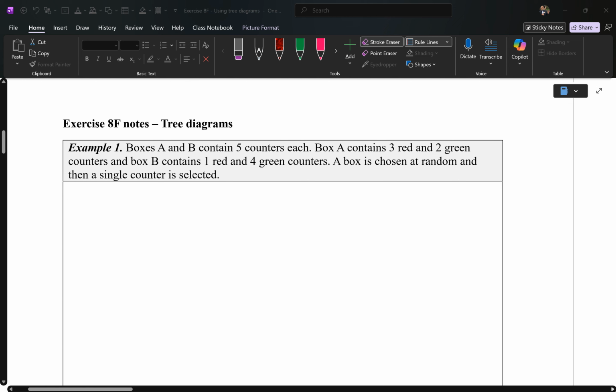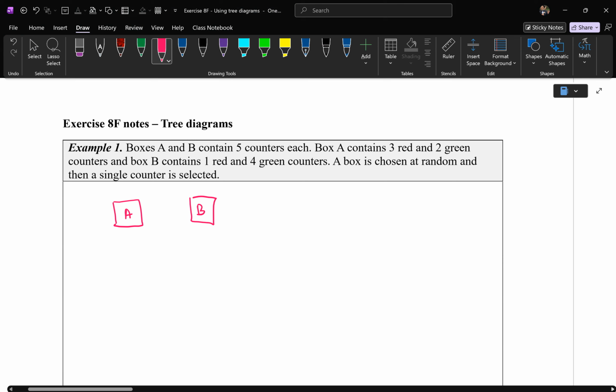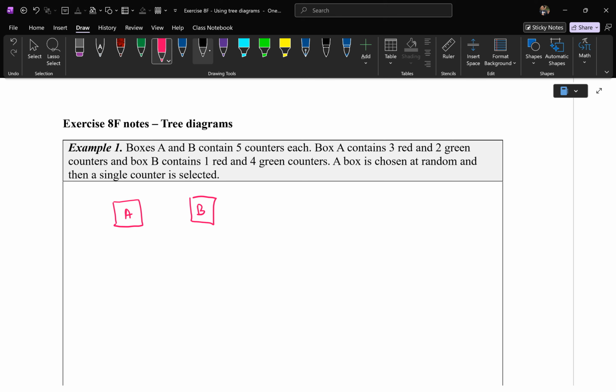Example 1: boxes A and B contain 5 counters each. So I'm going to draw a picture just so that we can picture it. Box A, box B. They each hold 5 counters. Box A has 3 red and 2 greens. So I'll write here 3 red, 2 greens.